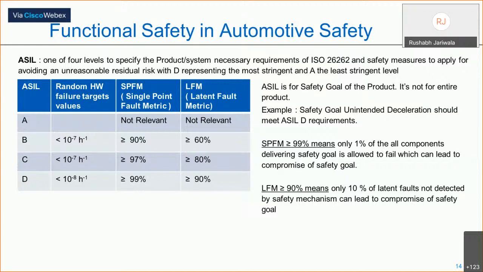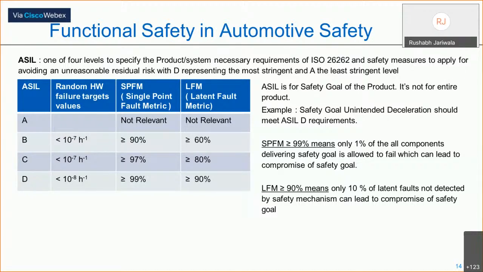The remaining 99% of the component failure modes have to be detected, and there has to be a mechanism to bring it either to a safe state or indicate to the driver or whatever.